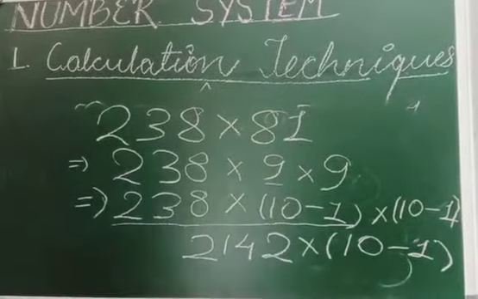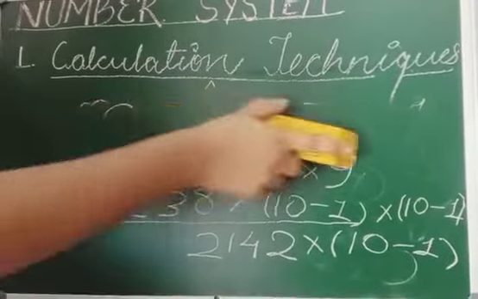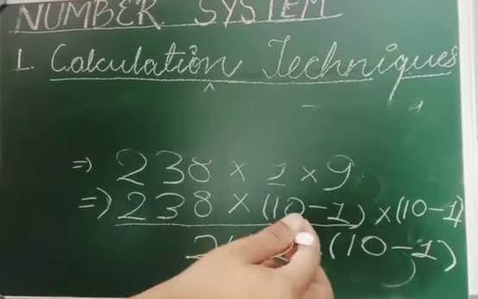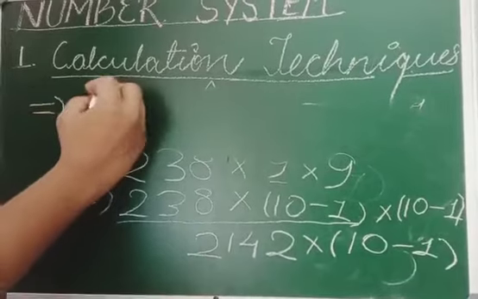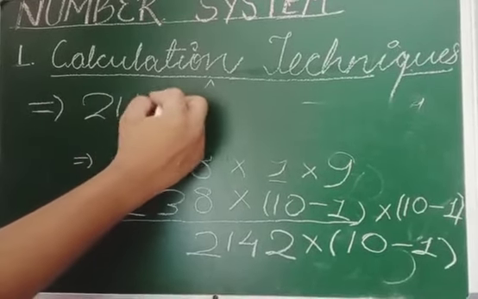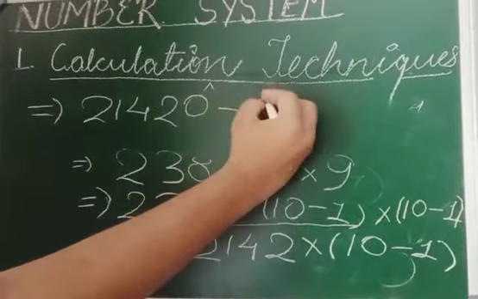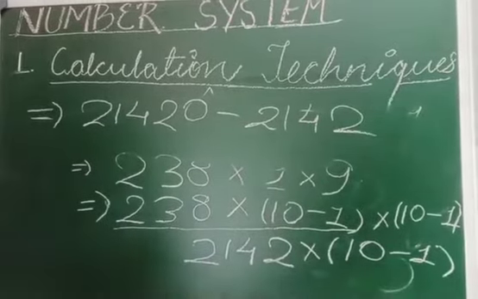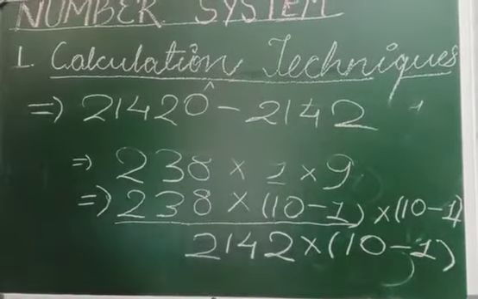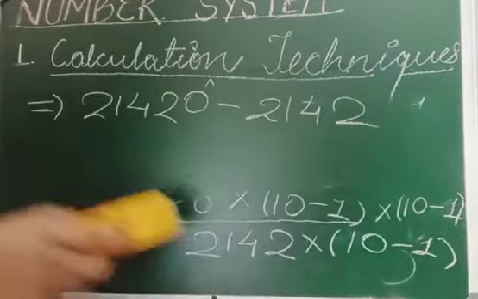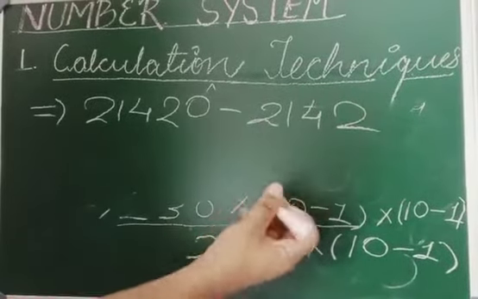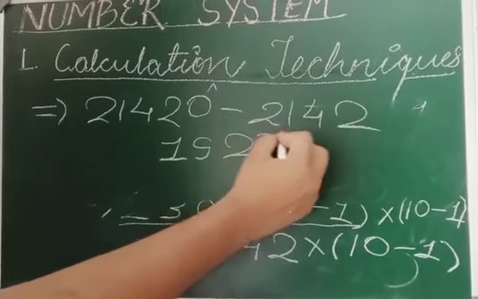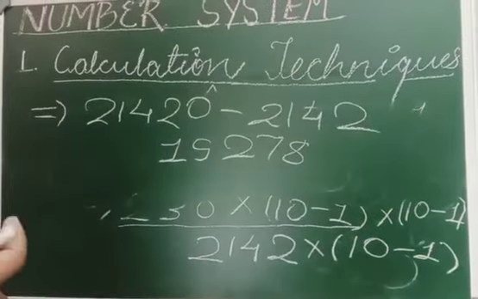We will multiply 2142 with 10 and minus 1. When we subtract this number, we will get the answer 19,278.